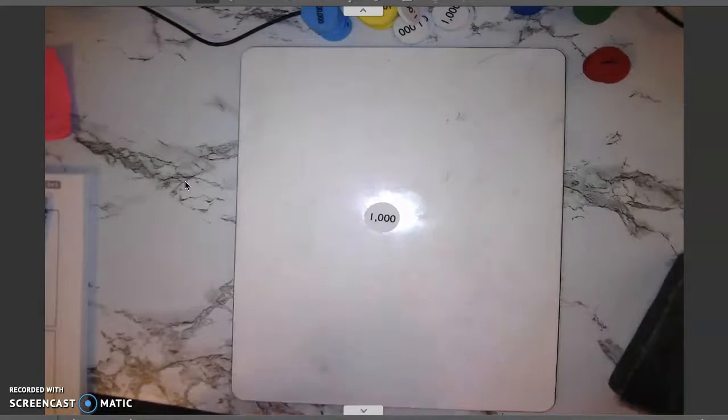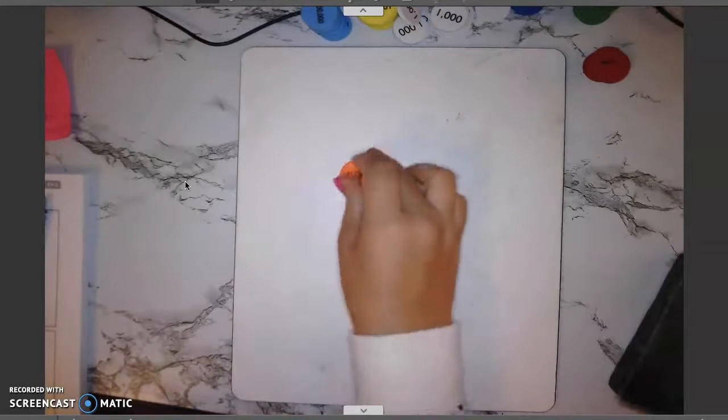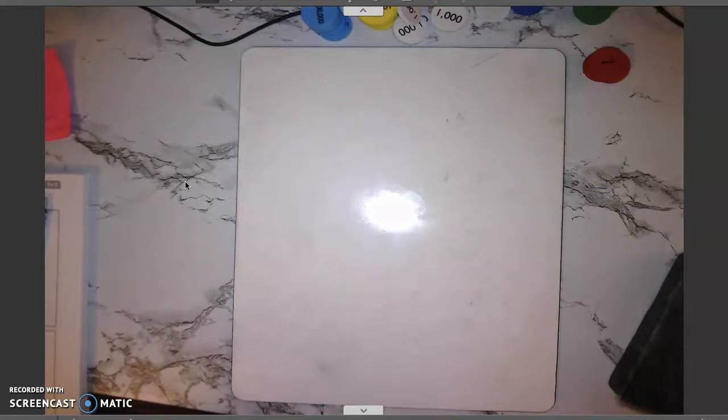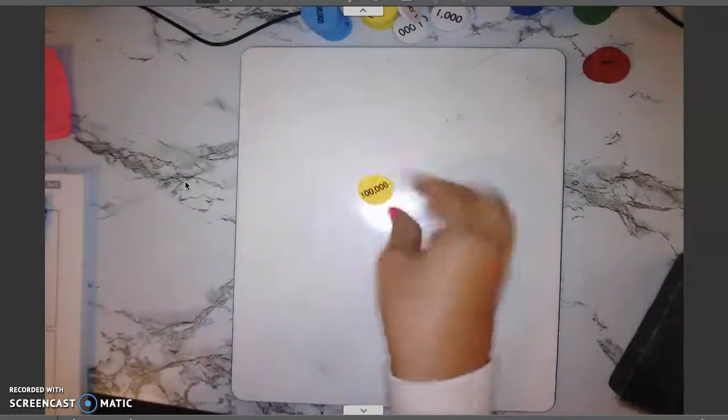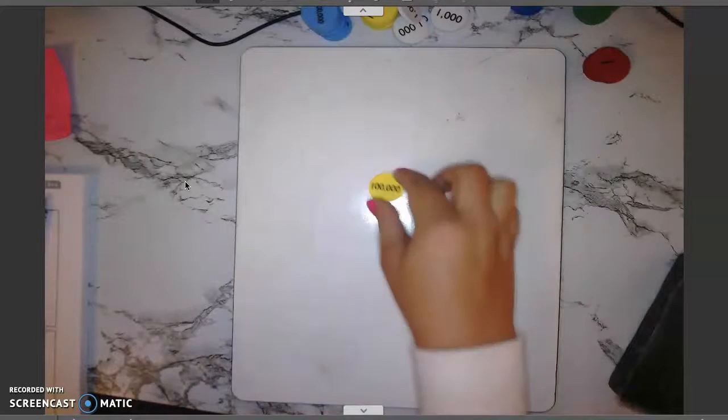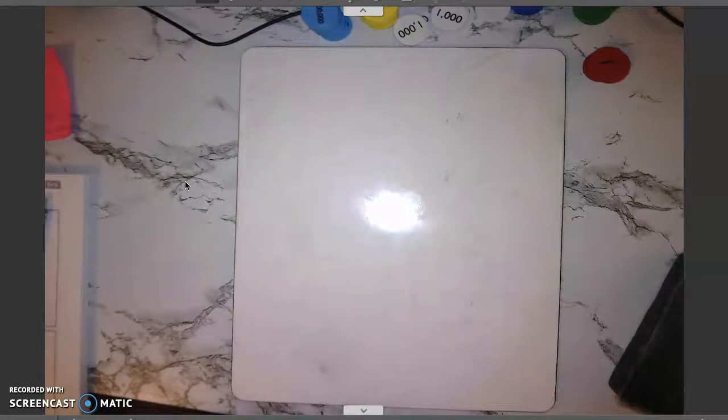We know 10 groups of 1,000 equals 10,000. We know 10 groups of 10,000 makes 100,000. And we know that 10 groups of 100,000 equals 1 million.